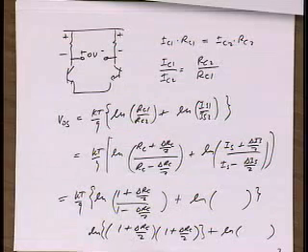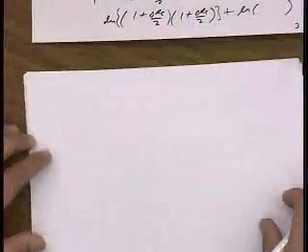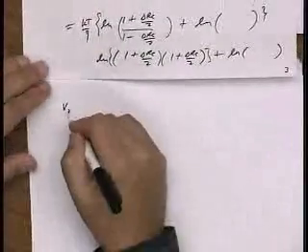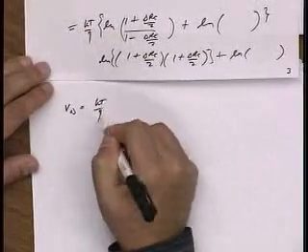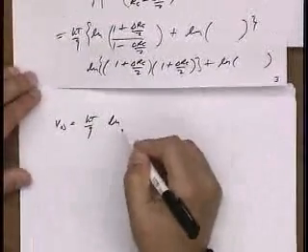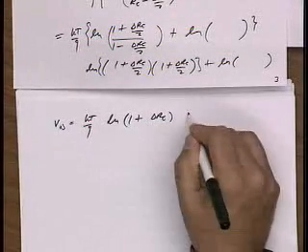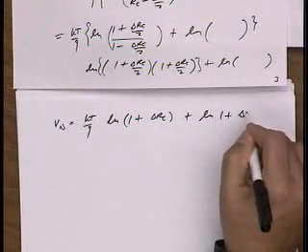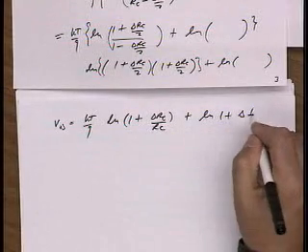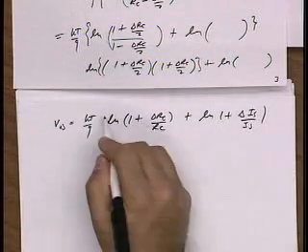And again, I make the usual assumption that this is a small quantity, so if I square it, it's even going to be smaller. So I drop that small term. And so the offset voltage is KT over Q log of 1 plus delta RC plus log of 1 plus delta RC over delta IS over IS.